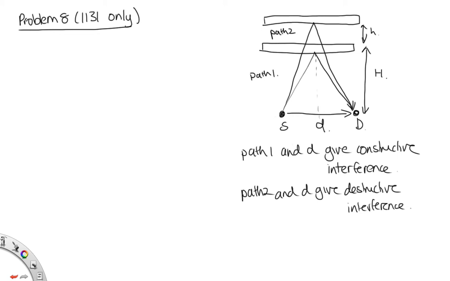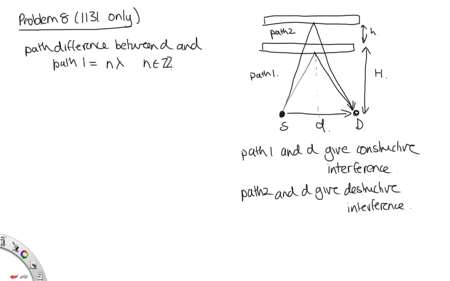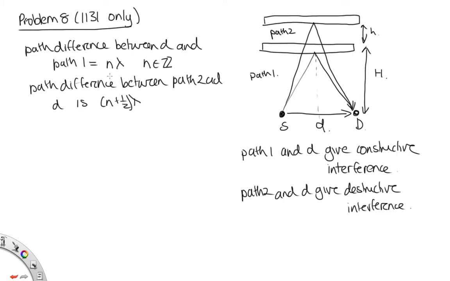So we know that the difference between path 1 and path 2 is equal to lambda on 2. We know that because the path difference between D and path 1 is equal to n lambda, where n is any integer, and then the path difference between path 2 and D is n plus a half lambda, where it's the same n.